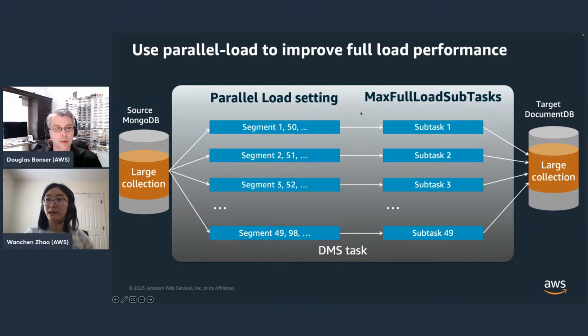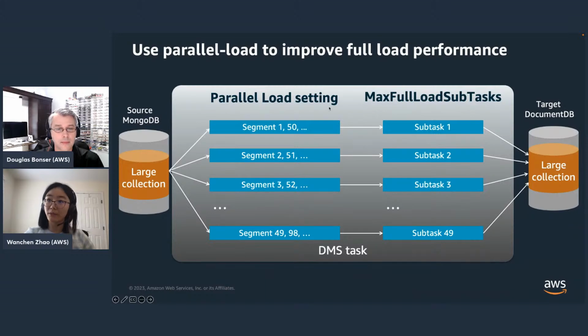Each segment will be handled by a subtask within DMS, so you can specify the number of subtasks running together. Since we have a one-to-one mapping, one segment to one subtask, you want to make sure that the number of segments roughly equals the number of subtasks.